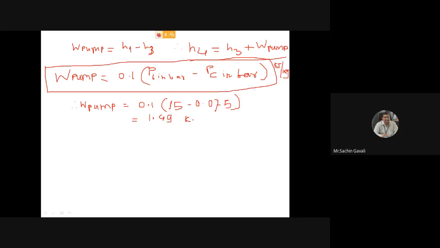Let it be kilojoule per kg. Everybody understand this W pump?